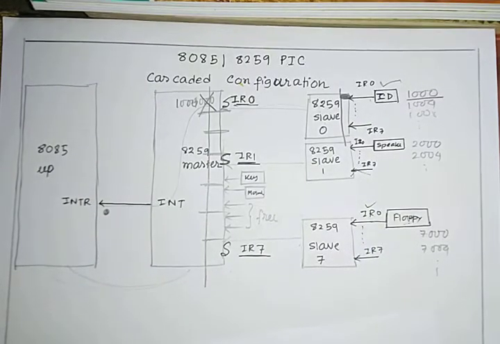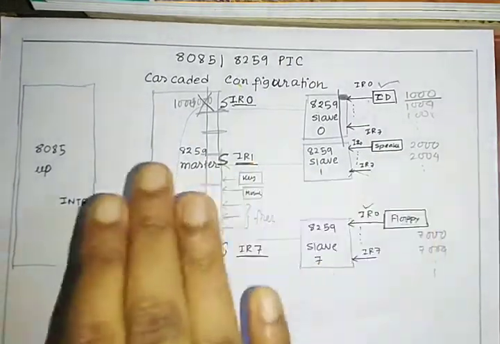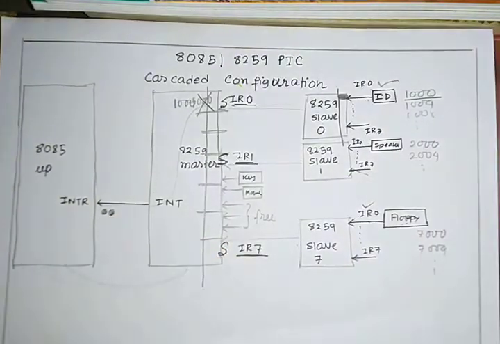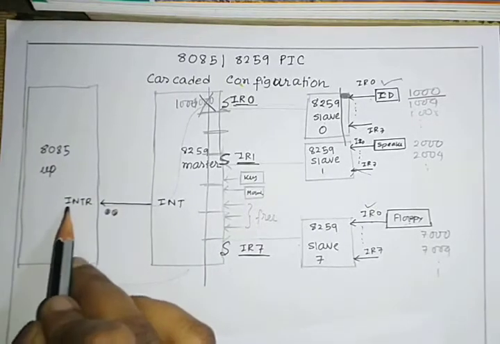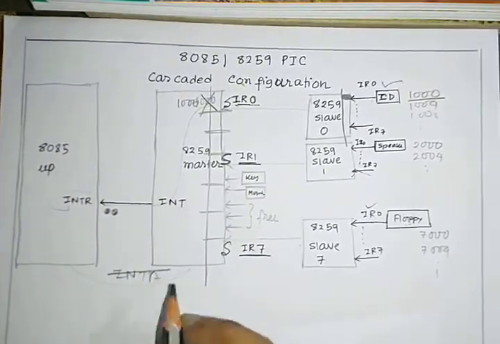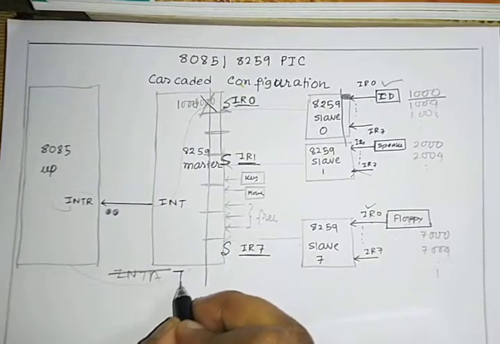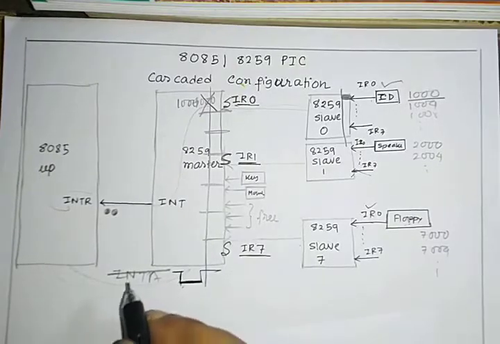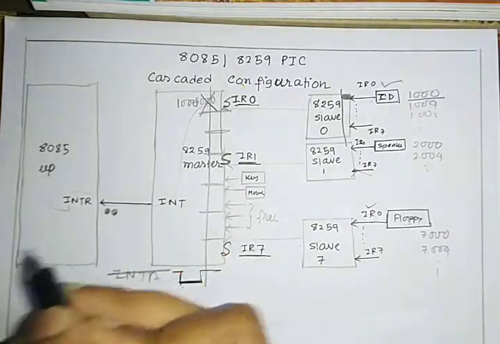So what will happen? Suppose they produce signals. The MPU receives signals. For the first signal, the MPU will produce the first INTA bar signal. You remember? The first active low signal. And it asks for the opcode of call.